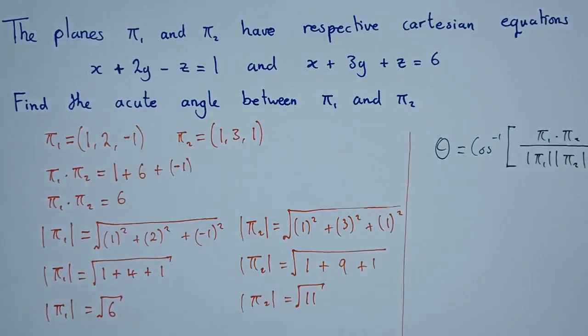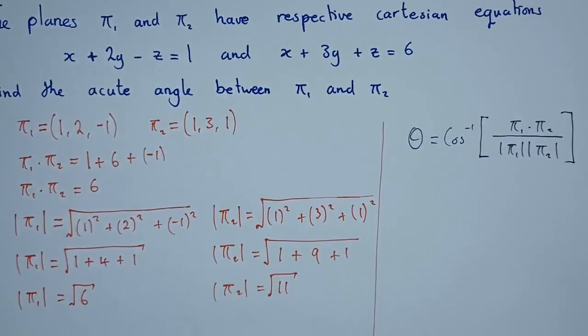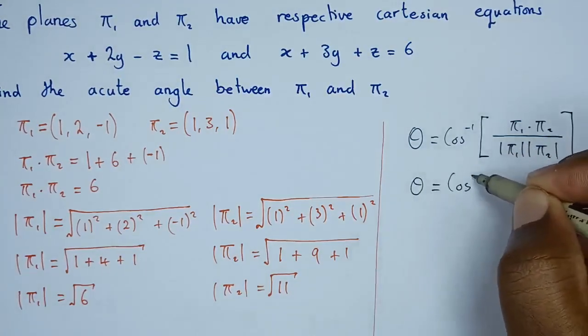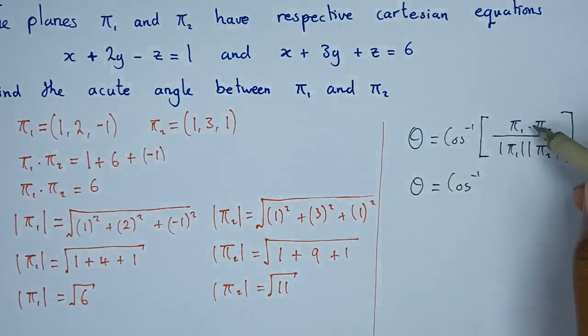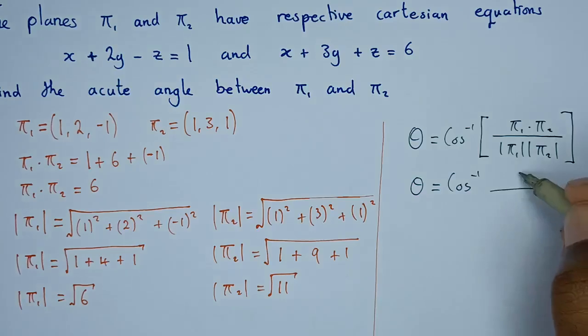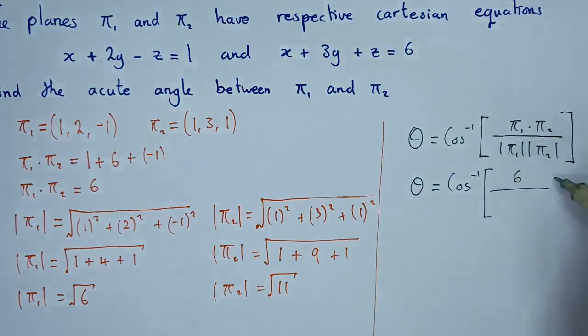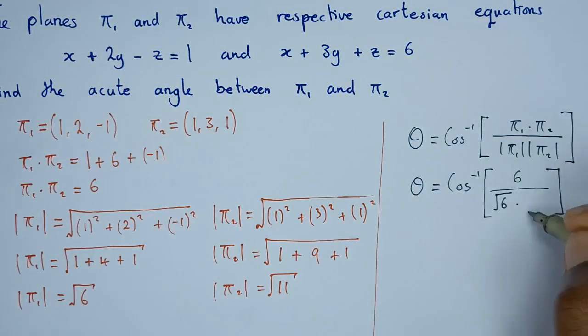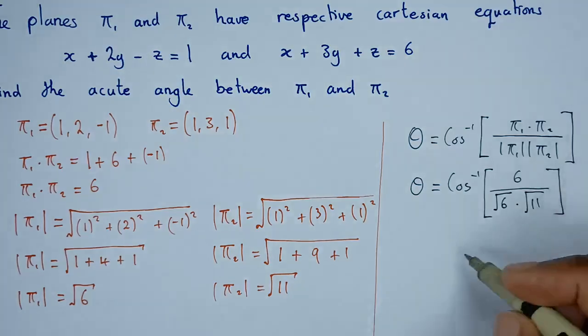Okay, let's do this. So theta in this case will be equal to the cos inverse. The dot product is 6. So we can just say 6 divided by the product of the magnitudes. The first magnitude is root 6, the other one is root 11.